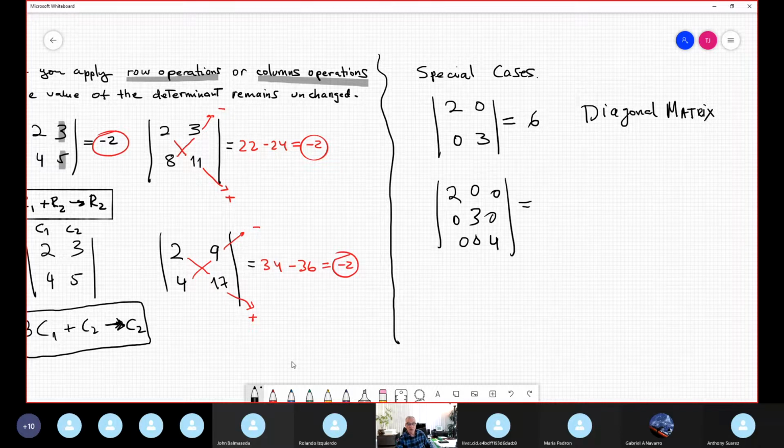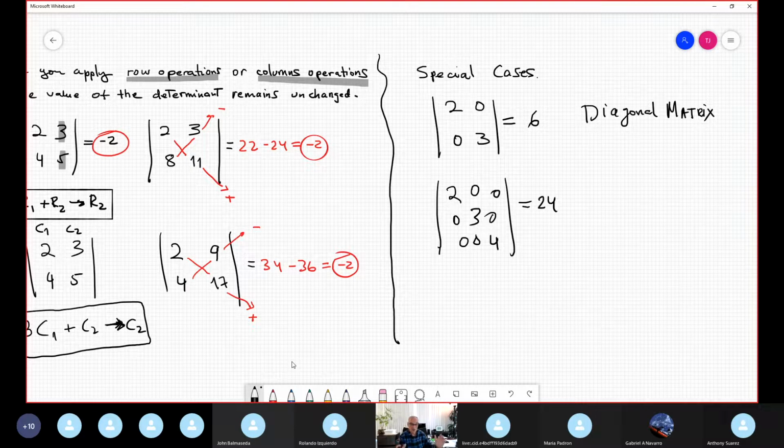This is also a diagonal matrix, because we have numbers only in the main diagonal. And when this situation happens, the answer is the multiplication of only the main diagonal. 2 times 3 is 6, 24. Unbelievable.